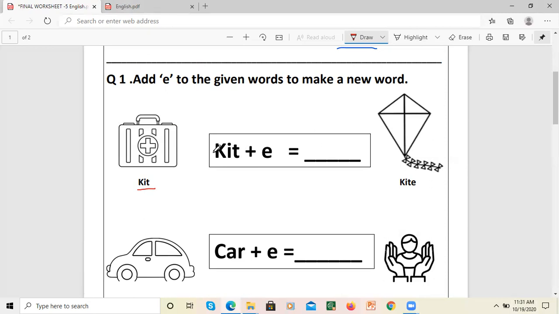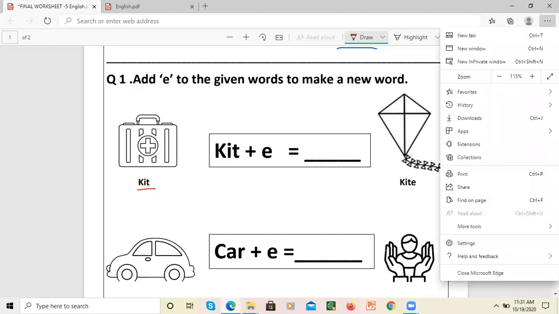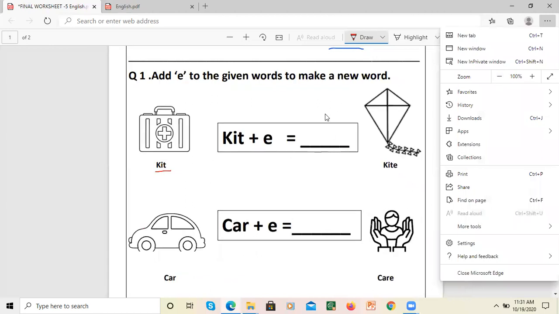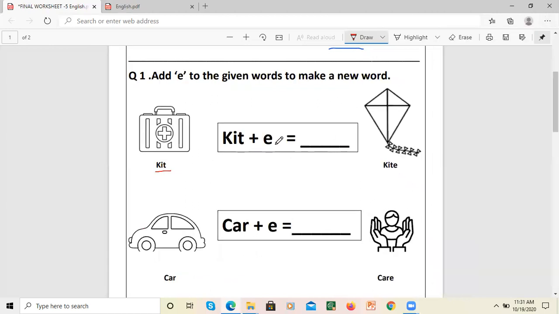What happens when we add KIT, which is an it family word, plus E, the word becomes kite. Kit is also a word. Just adding E, KITE becomes kite.